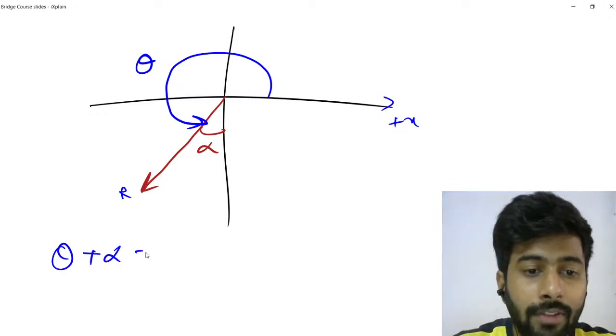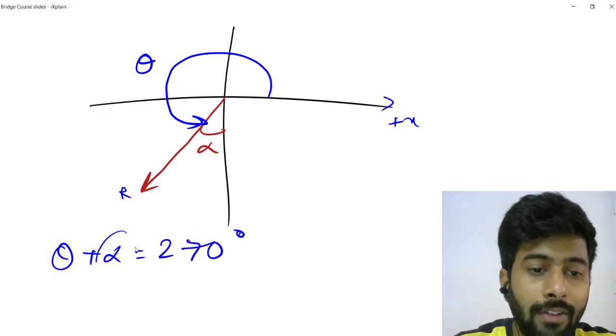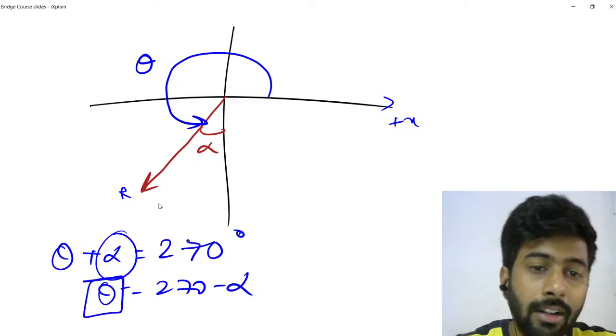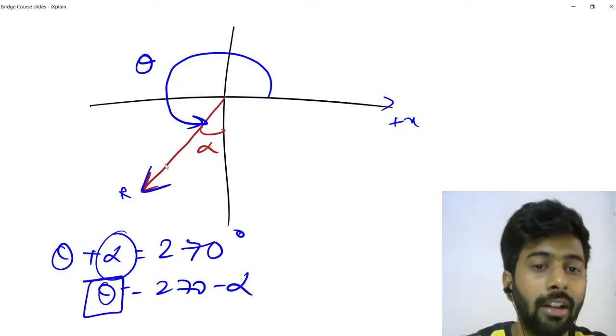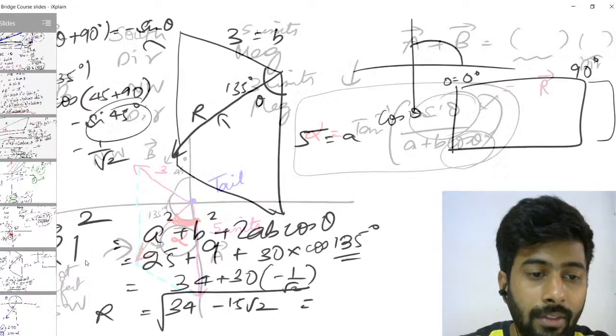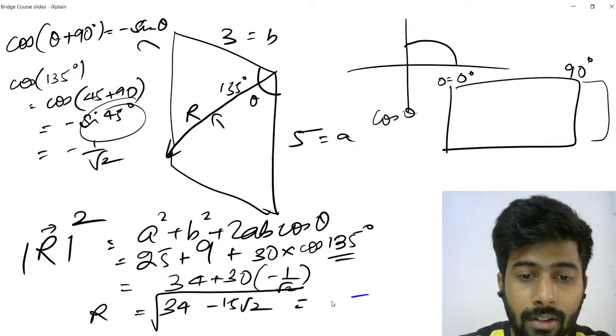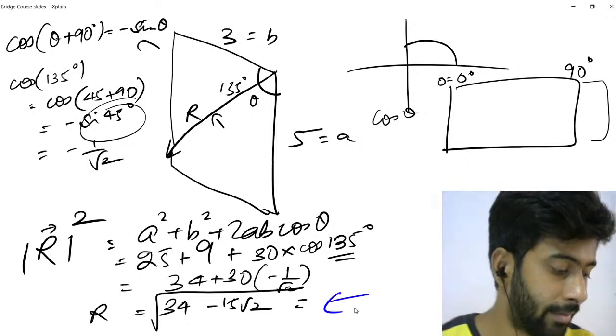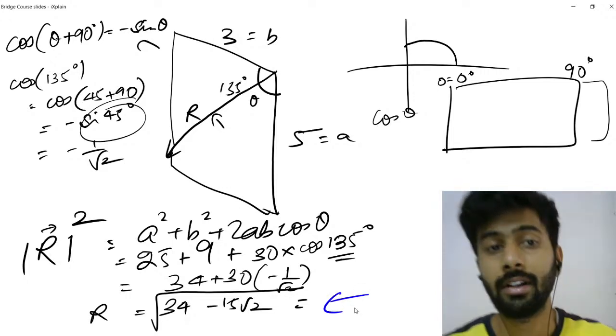Your theta plus alpha is 270 degrees. If you have alpha, then you can get theta as 270 minus alpha. Once you have the theta, you have the direction, and the magnitude you have already got using this formula. That's all. You have the magnitude, you have the direction, you have the vector.